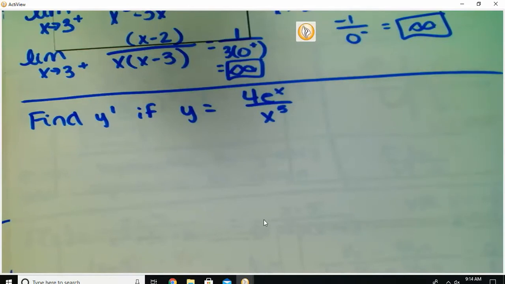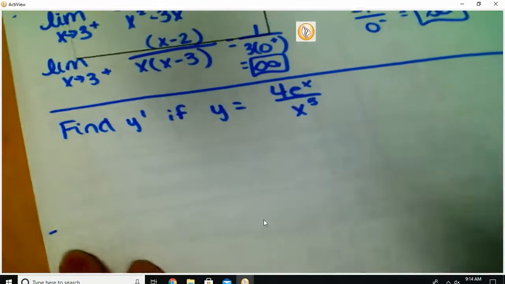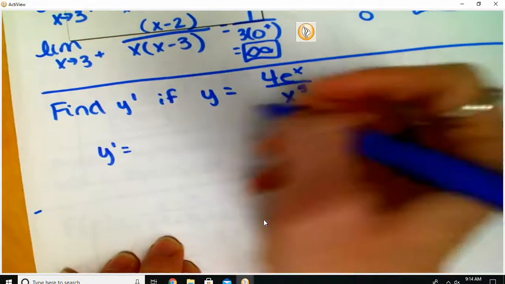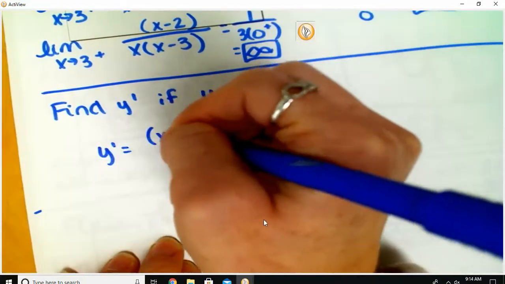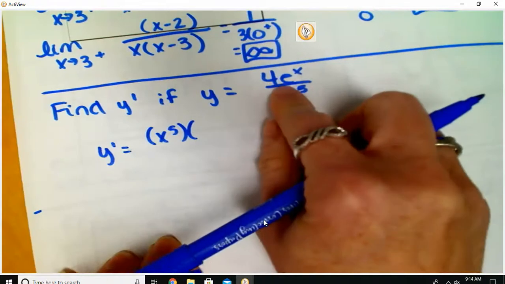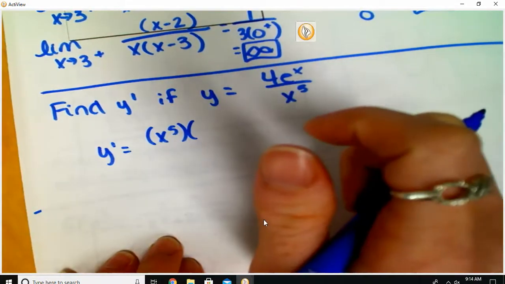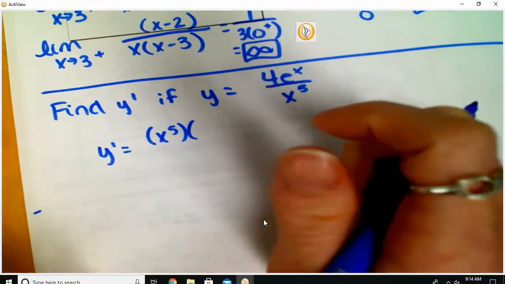What would we do here? What's the big rule we have to start with? Quotient rule. We have things being divided, so we need our quotient rule. So that's low, d high. What is the derivative of 4e to the x? 4e to the x.